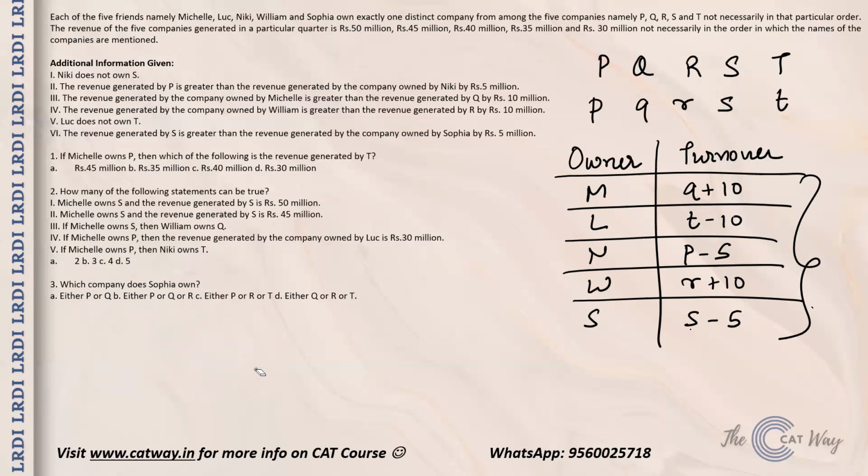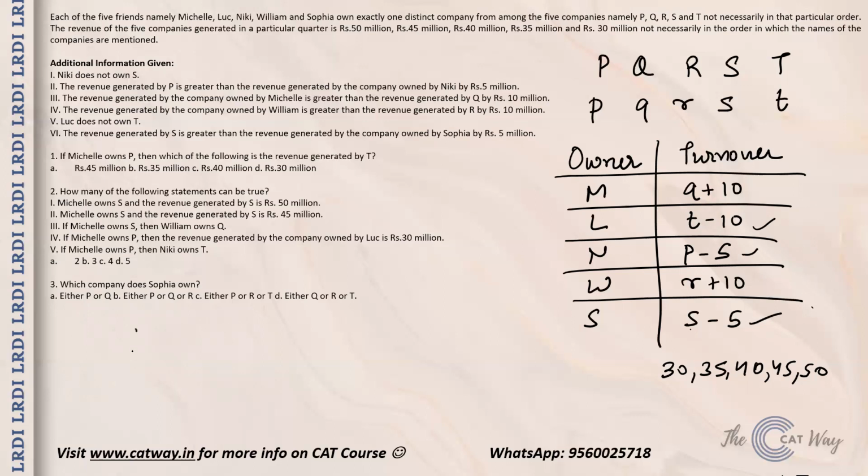Now, guys, what we know is that among these values, we have the actual turnovers, which are 30, 35, 40, 45 and 50. So these are the actual turnovers and the values are among them. Now if you see T, P and S, their value can never be 30.